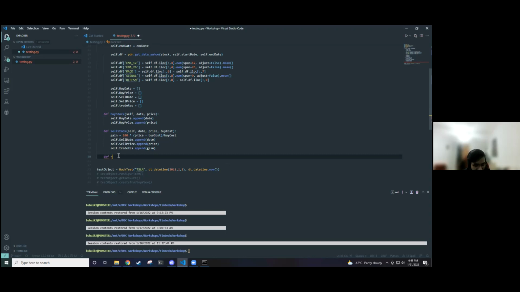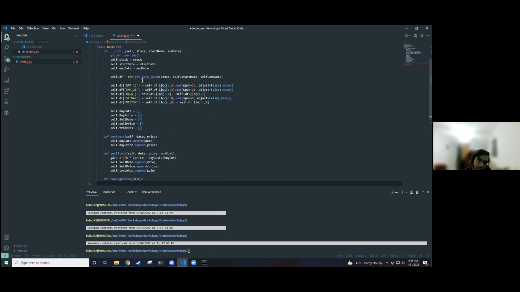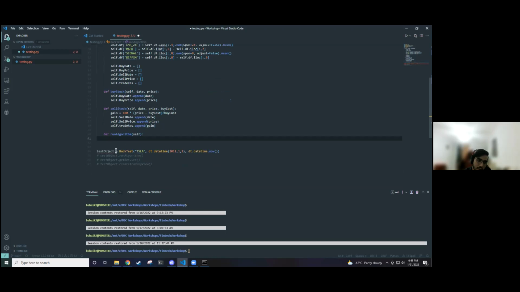All right, so let's do the run algorithm part. With this, it doesn't really need any parameters, just because we have everything already set up. Once you do that, you just need to run the algorithm and you're good. So we're going to create a few different variables called holding, false.